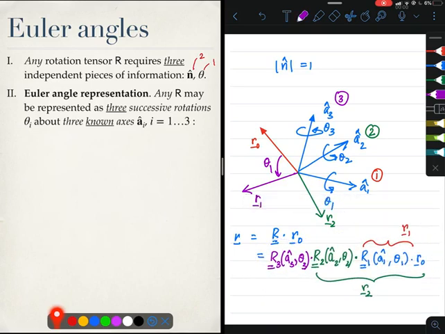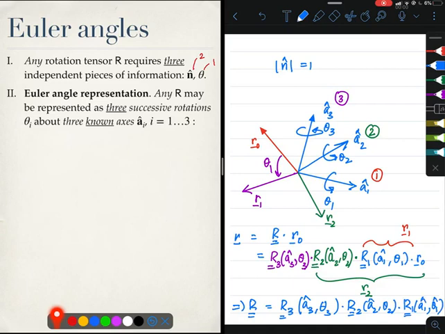This implies that R can be expressed as R3(a3, theta 3) dot R2(a2, theta 2) dot R1(a1, theta 1), which is what I have written over here.